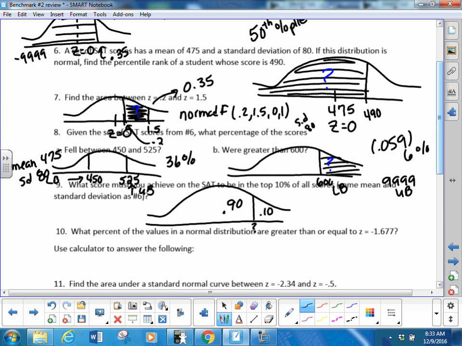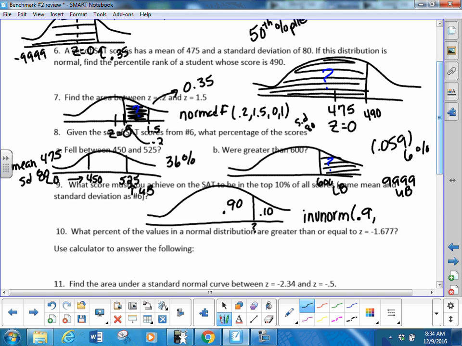Okay. So I would go to my calculator. And this is another case where I could find the z-score for 90% and then go from there. But this is a one-step way to do it.